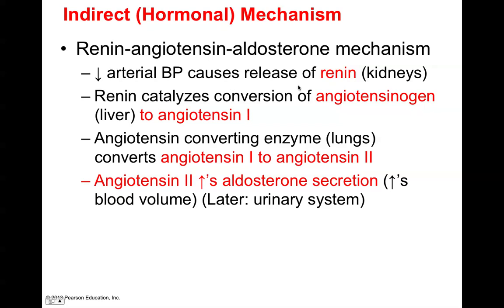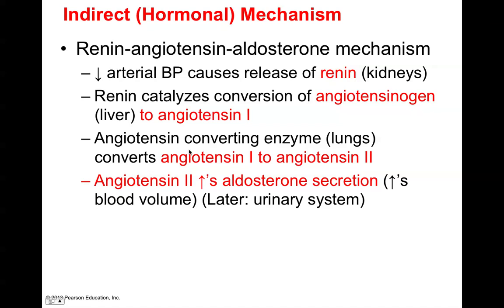Indirectly, we've got this complex system which we will be coming back to when we get to the urinary system. It's called the renin-angiotensin-aldosterone mechanism. A decrease in arterial blood pressure will cause the release of renin by the kidneys. Renin catalyzes the conversion of angiotensinogen, produced by the liver, into angiotensin 1.